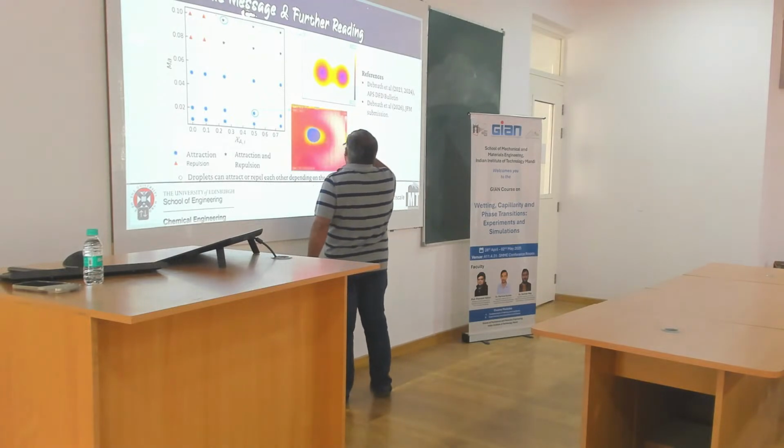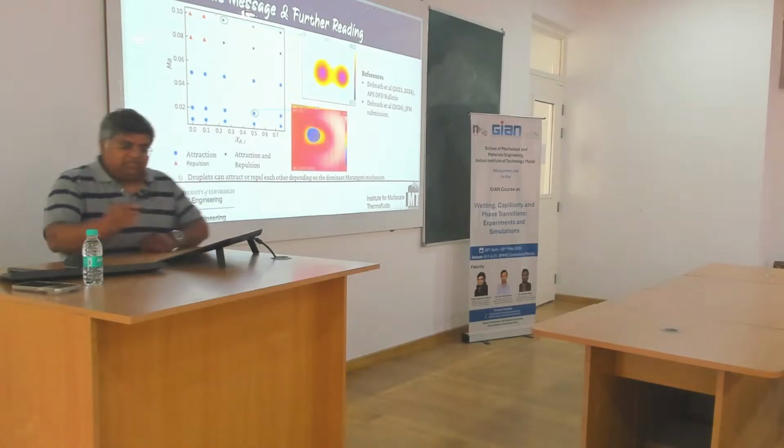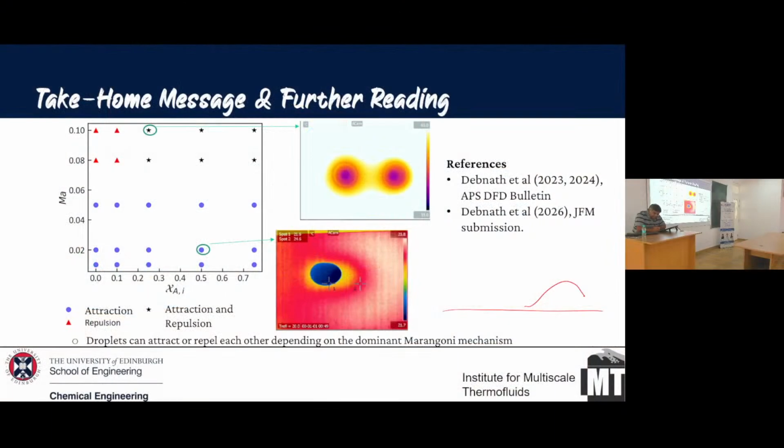In a contact line system like this, by default we assume this is the temperature of the wall, and we expect this to be at the wall temperature because it is so close to the wall. But because of evaporative cooling, this would be slightly lower than TW, and this would be slightly higher because there's vapor shielding.